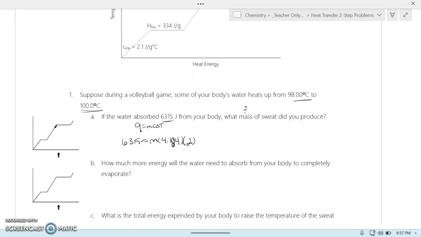If we do our math and multiply the product of 4.184 and 2, and then divide that over, we are going to get mass equals 755 grams of sweat. Ooh, that's a lot of sweat. Sweaty game.